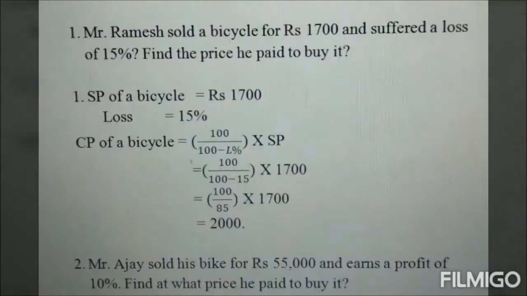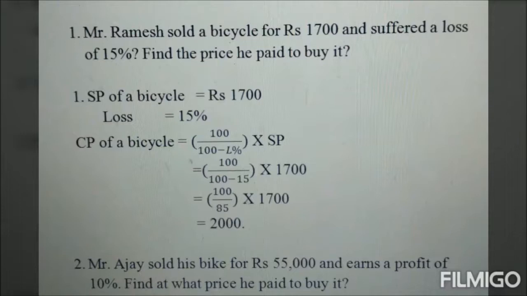Ramesh sold a bicycle for rupees 1700 and suffered a loss of 15%. Find the price he paid to buy it. Now here SP of the bicycle is given, 1700, and he suffered a loss of 15%. So we have to find the CP of the bicycle.